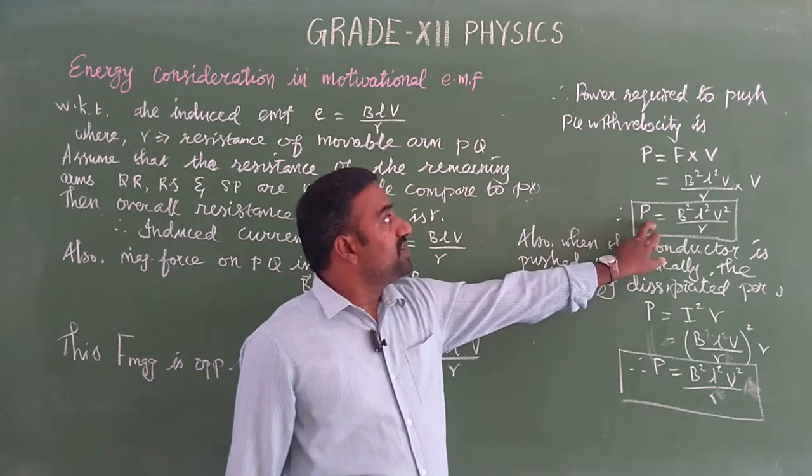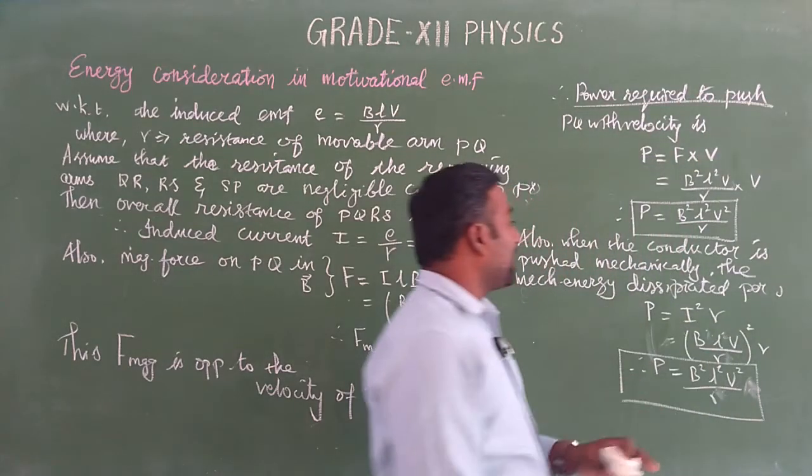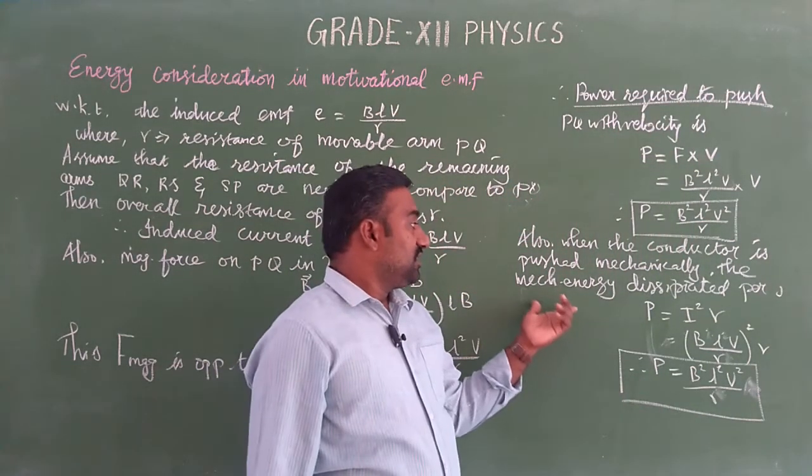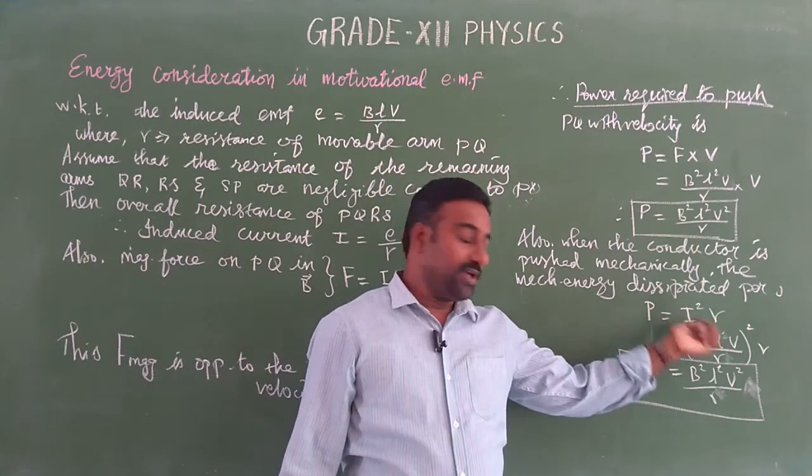So this is the power required to push, and we have calculated that the mechanical energy dissipated per second is I square R.